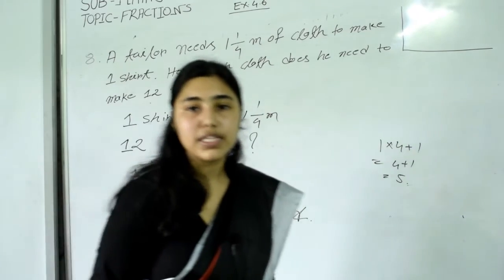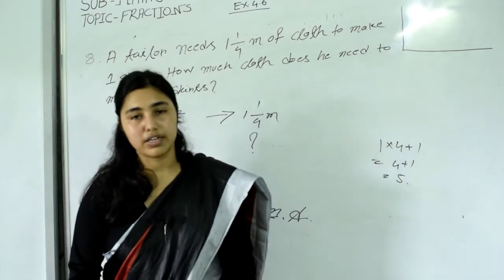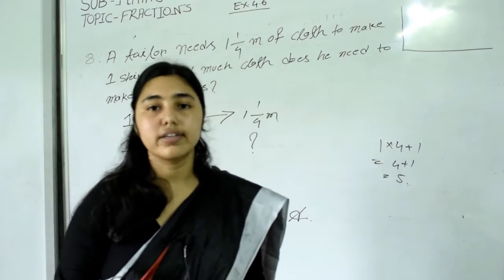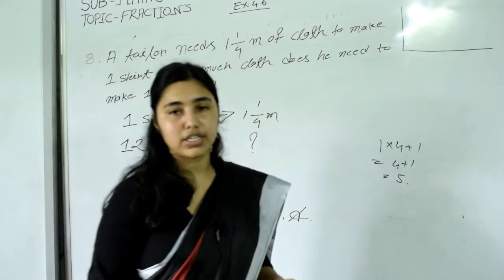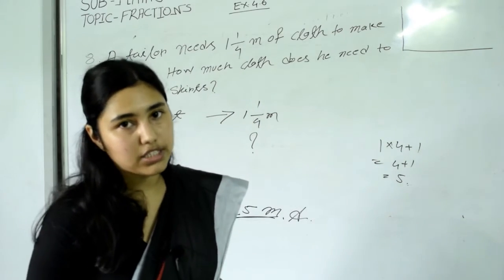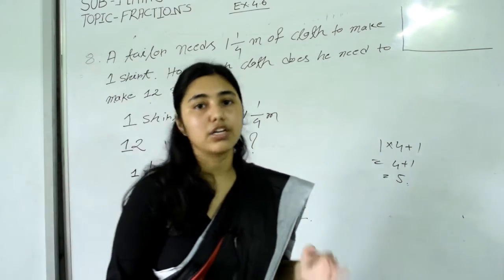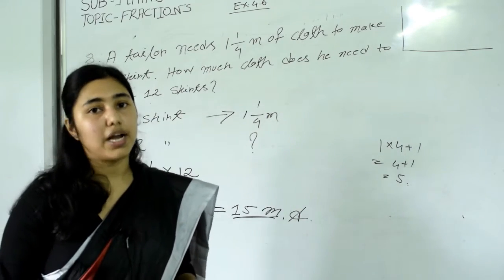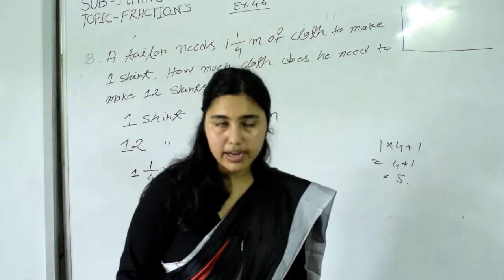Now from this chapter we have learned how to multiply, add, and subtract two fractional values, how to convert a mixed fraction into an improper fraction, and also what a multiplicative inverse is, right?